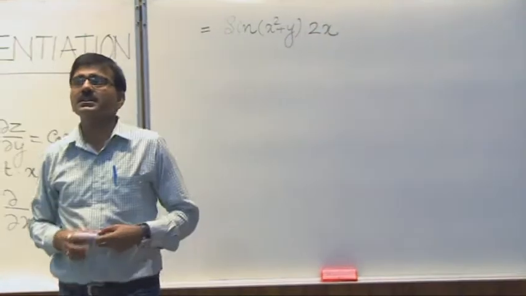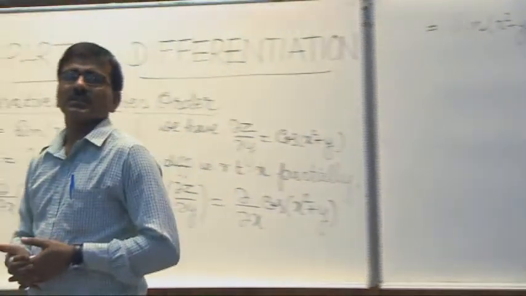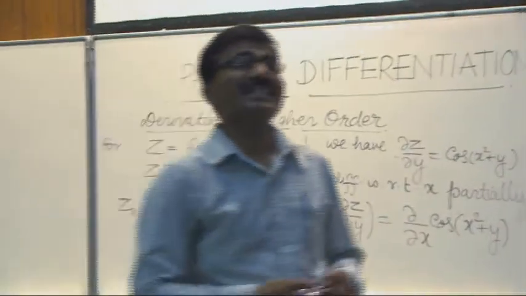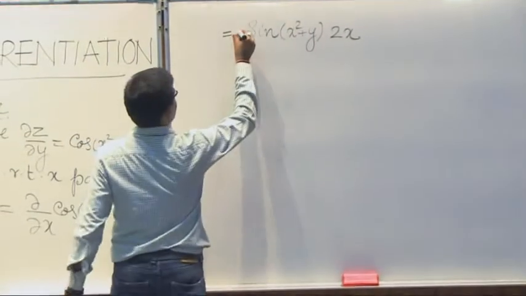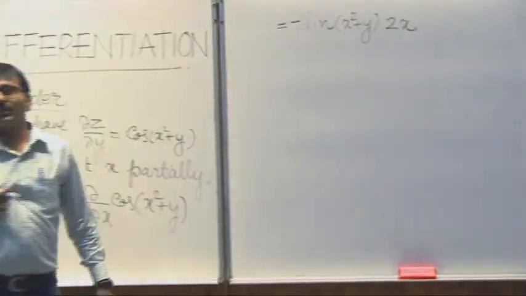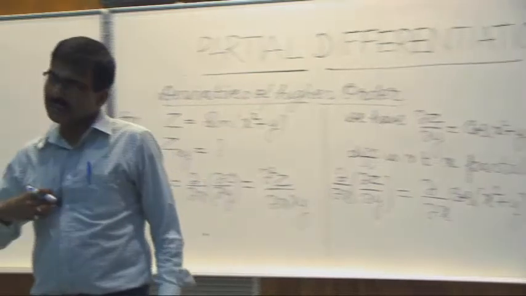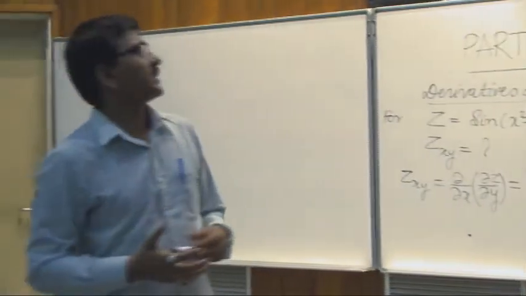Is it correct? Say yes or no. No. So what will be correct? Put a negative sign. Please don't forget to put the negative sign. This is the differentiation of cos, so cos will give you negative times sine.